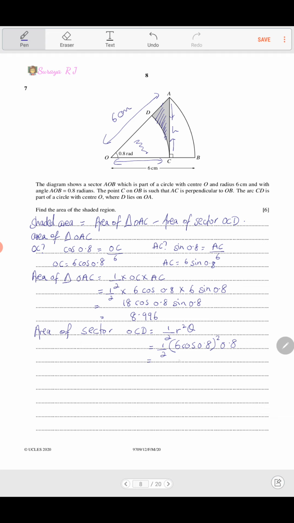So it's 18 cos squared 0.8 times 0.8, which is 6.989. And hence we obtain the shaded area as 8.996 minus 6.989, which is 2.01 to 3 significant figures.